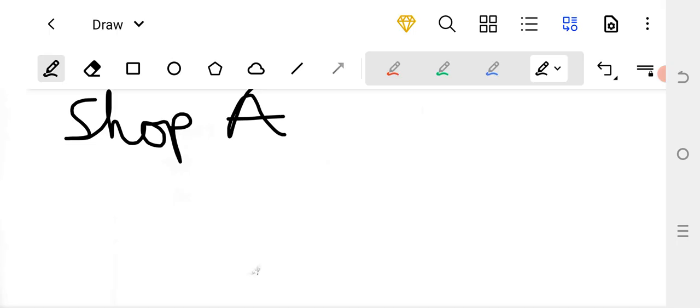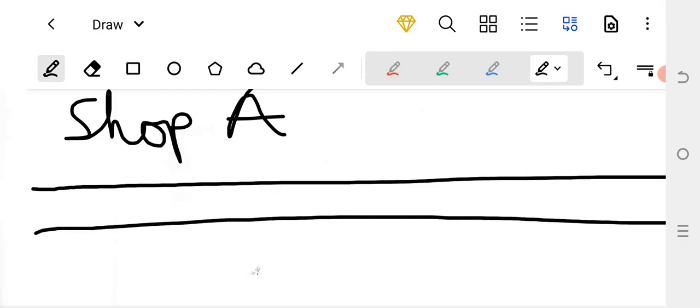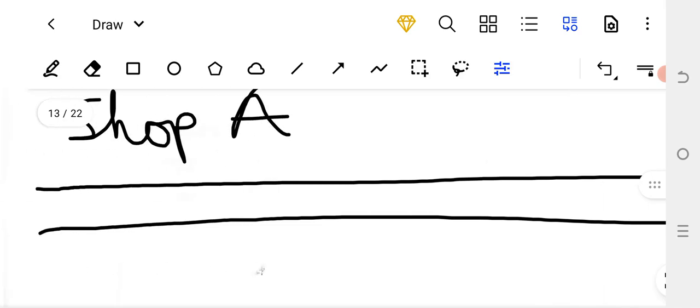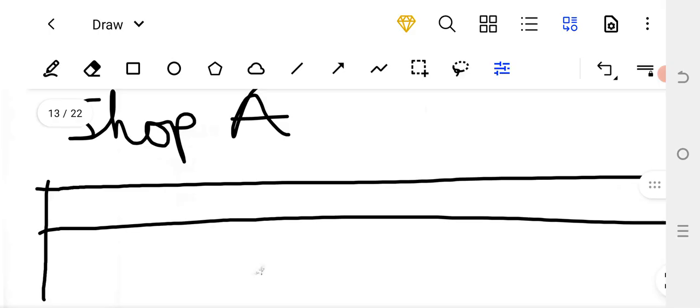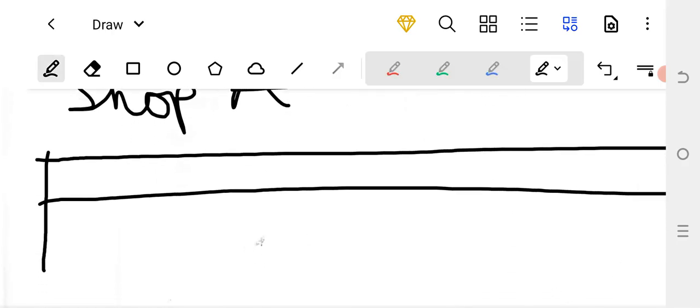Let me start from somewhere there. Then this will be the x, where you're going to put the x values.